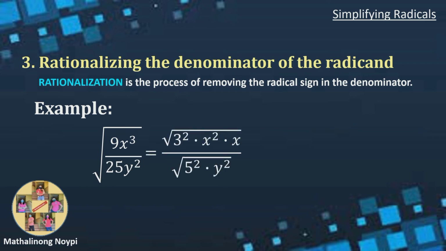So we have the square root of 3 squared, that is 9, times x squared times x, that is equal to x cubed, over the square root of 5 squared, that is equal to 25, times y squared. So that will give us the result of 3x square root of x over 5y.